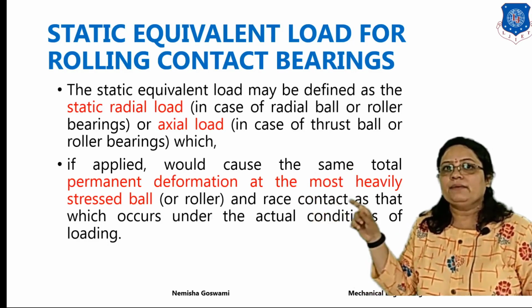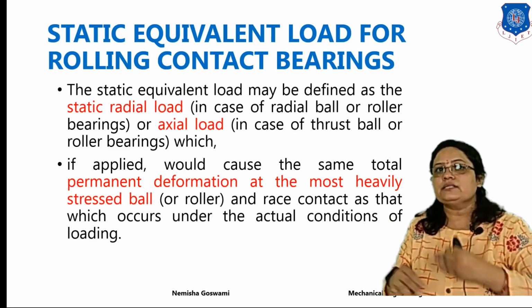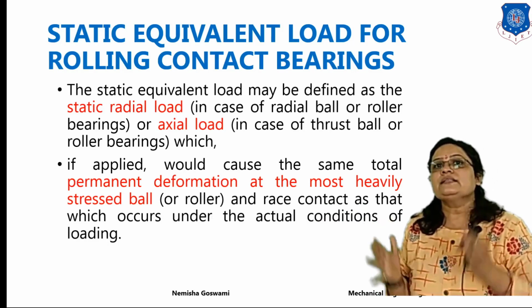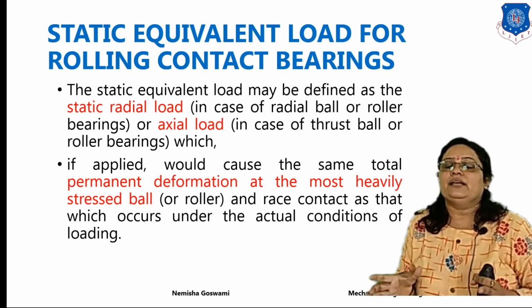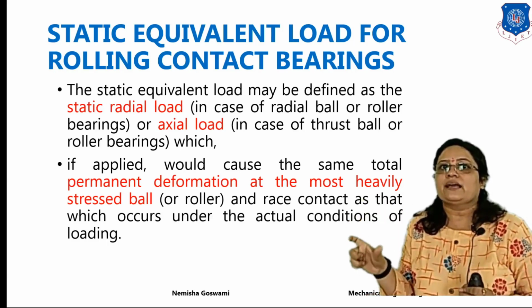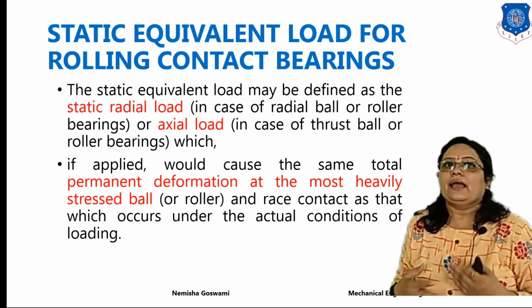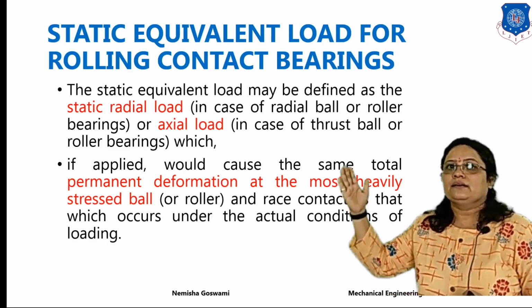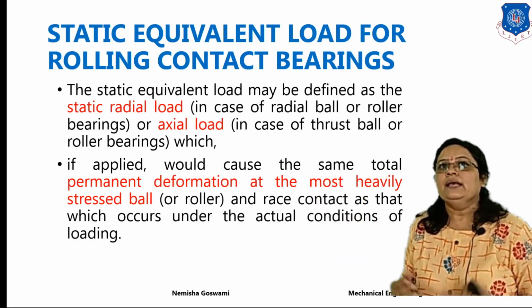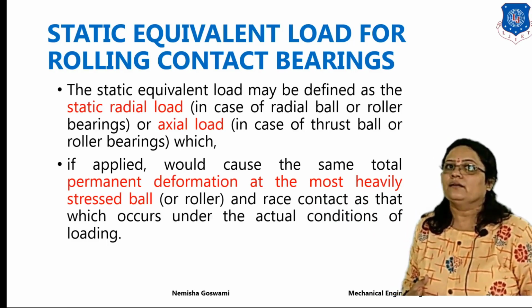What is meant by this? Whenever these loads are applied on the overall system of balls, they will cause the same deformation as caused by the most heavily loaded ball in actual condition. So this is the definition of your static equivalent load for rolling contact bearing.